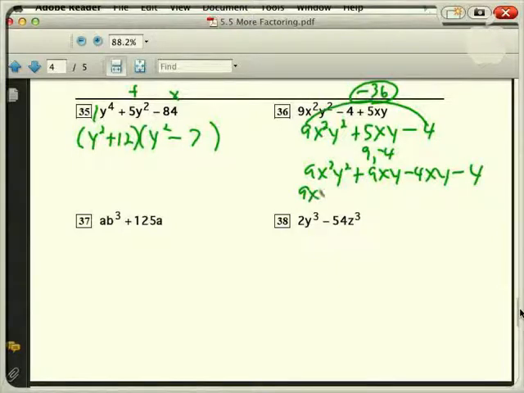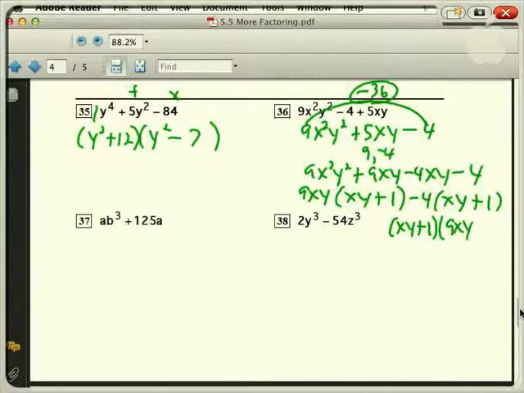Take 9xy out of the first two terms. And minus 4 out of the last two terms. And then xy plus 1 can be taken out. There's your answer.